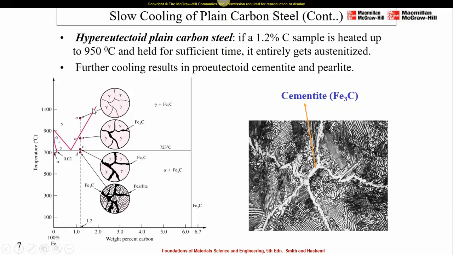As it is cooled and this solvus line is crossed, iron carbide starts to form at the grain boundaries of gamma.